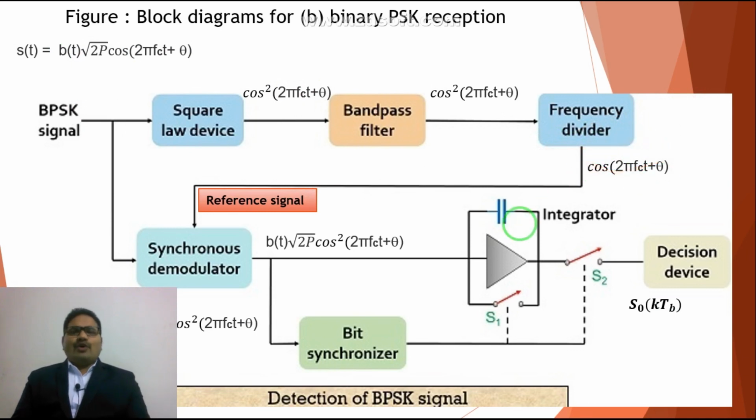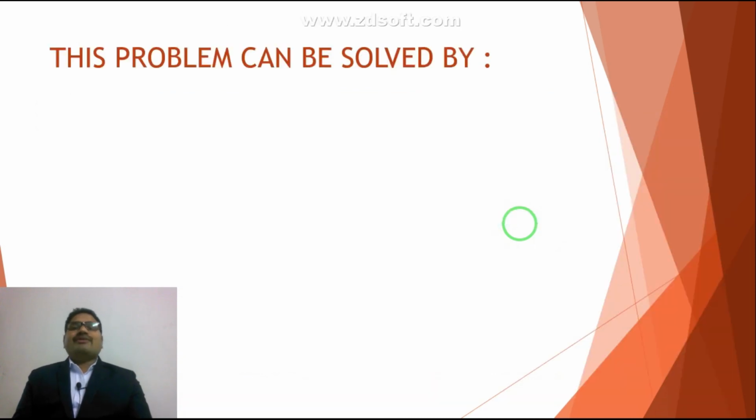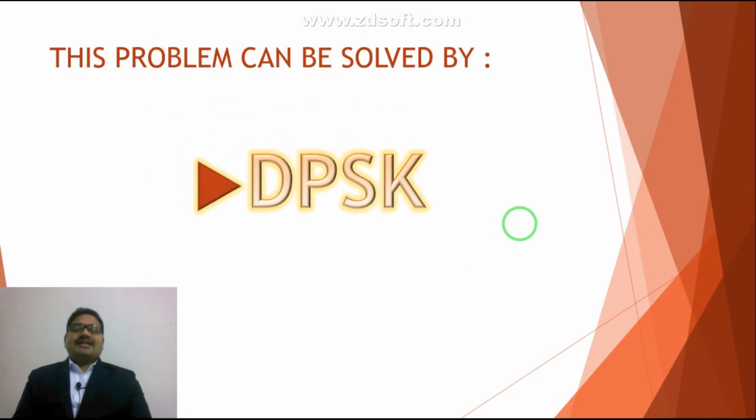So we don't know whether the received signal is positive or negative, 0 or 1. That's why sometimes it leads to ambiguity at the output about what has been transmitted. This problem can be solved by DPSK, that is differential phase shift keying. Although DPSK also has some disadvantages of its own, that we can see later on.